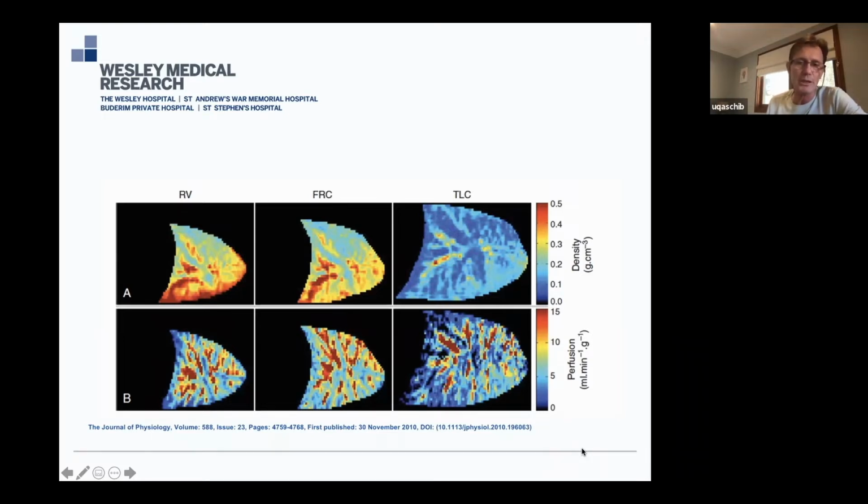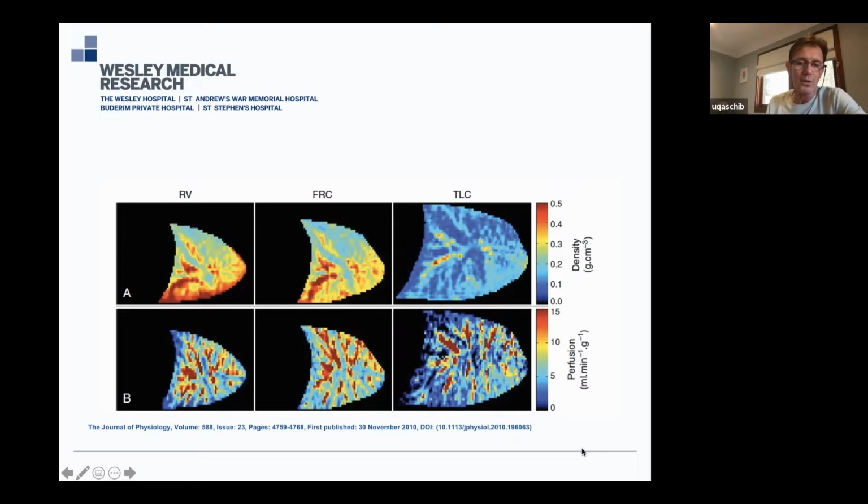Just visually, you can appreciate that if you have ventilation occurring near the residual volume or FRC, the upper parts have a different color than the dependent lung, whereas at TLC it's more homogeneous, so the lung is completely expanded everywhere, so that's a healthy lung. So you can really use this technology to identify the regions that are denser and obviously have less volume in comparison to lung tissue.